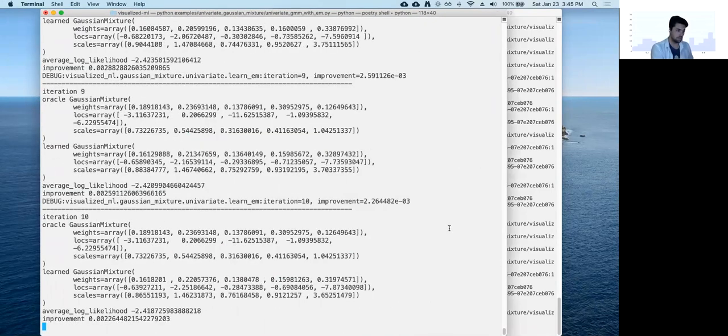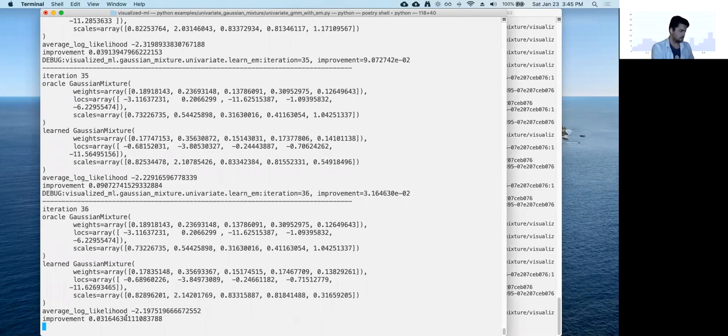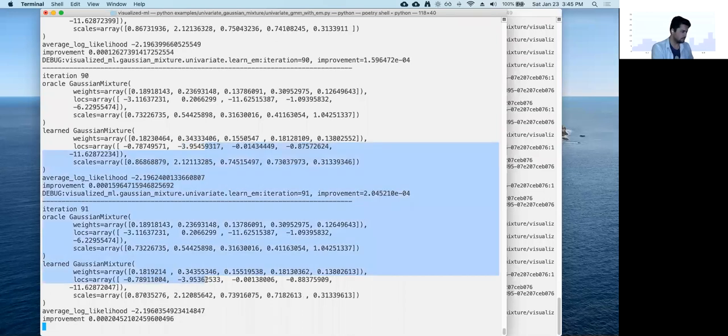It's a little more complicated, but let's see, the log likelihood is improving. So these are the generative locations. We had 1 at -11, and we have 1 at -11. We had 1 at -6 or so, and it looks like we don't quite have 1 at -6 yet, but we do have 1.